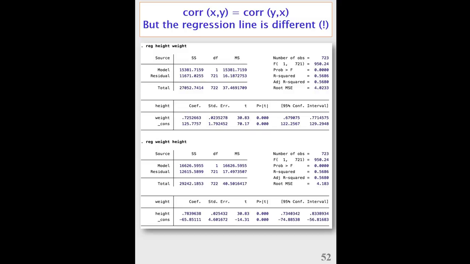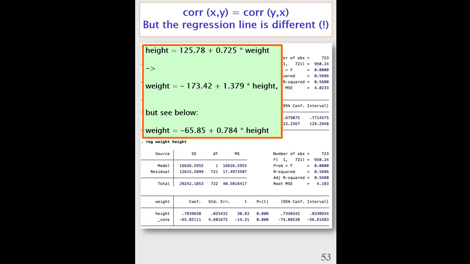Here I type the same thing, but with the variables interchanged. Now let's see what happens. Well, the fit doesn't change. And we see that from this part over here. So we have the 0.57 over there and over there. Everything is exactly the same. And here you have a different coefficient and a different constant. And you might think that you can easily deduce one from the other. Well, I think I have that prepared here.